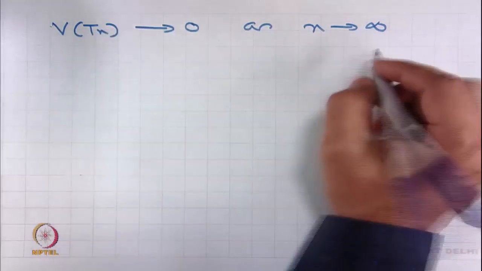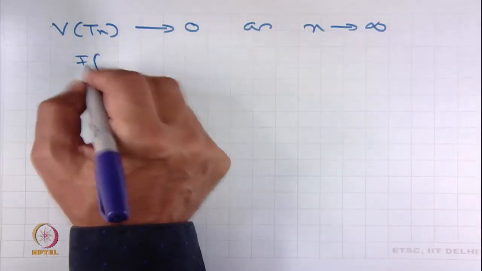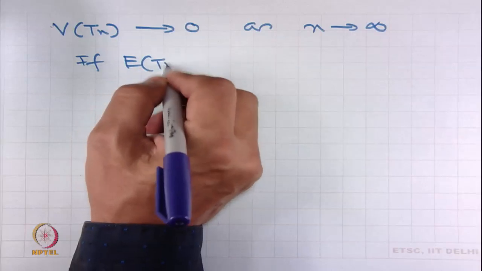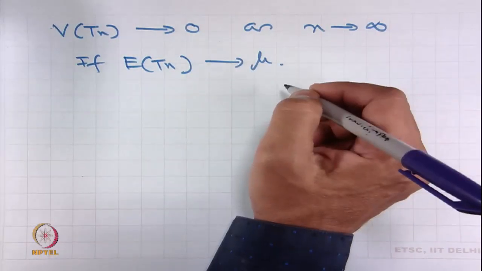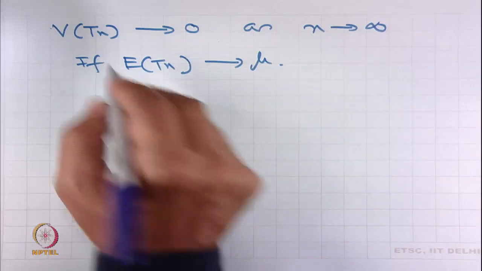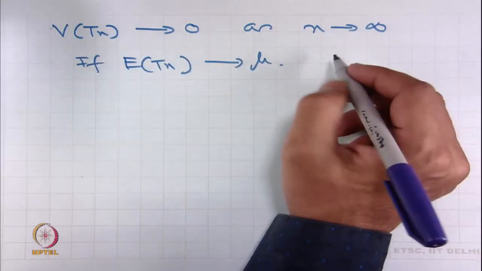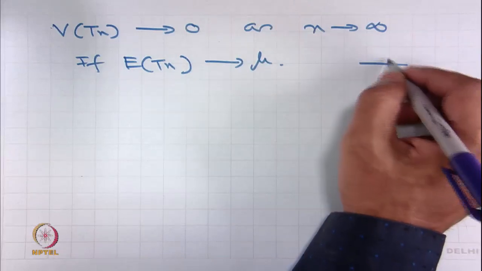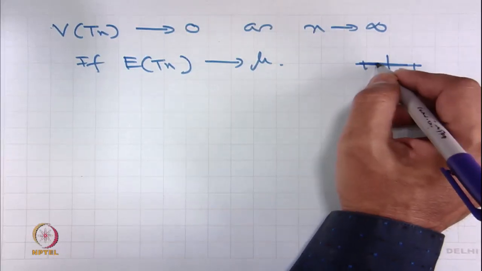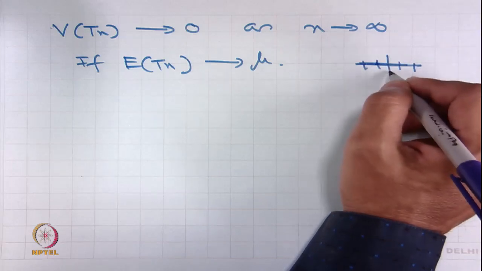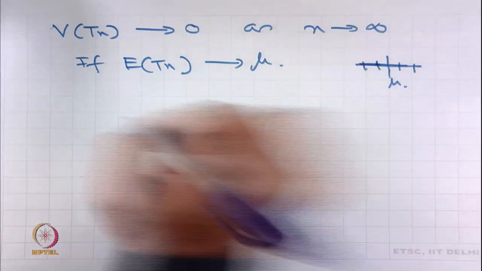So, if the expected value of T n converges to mu and the variance of T n goes to 0, then we can say it is coming within arbitrary closeness of the parameter mu.